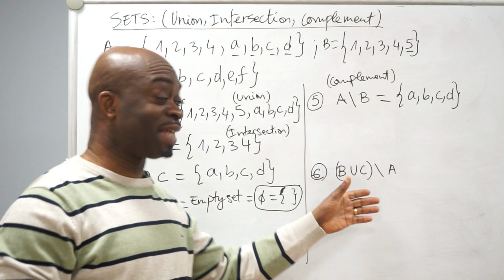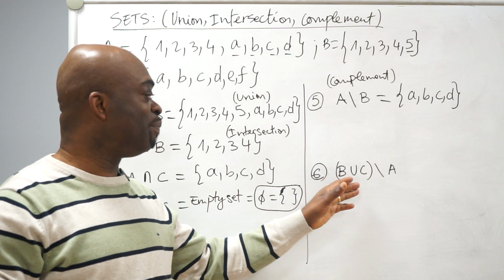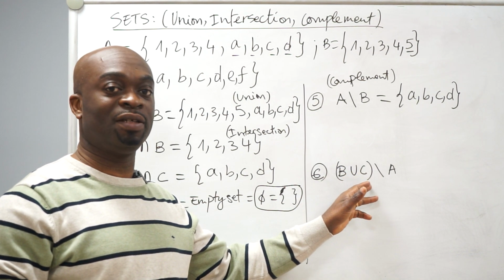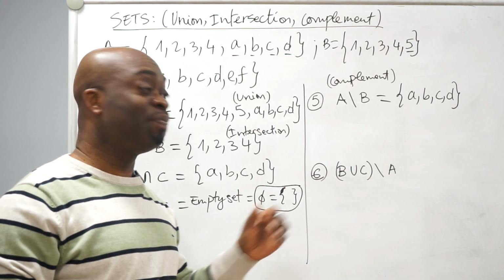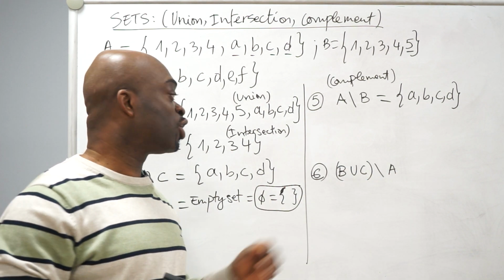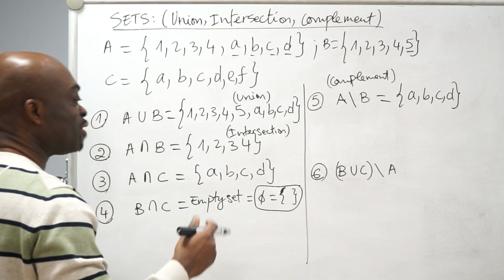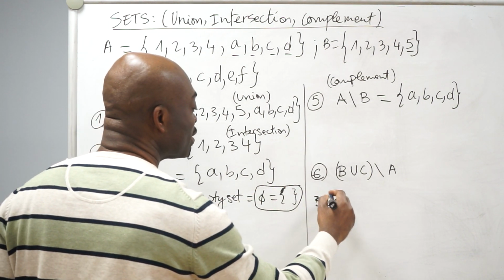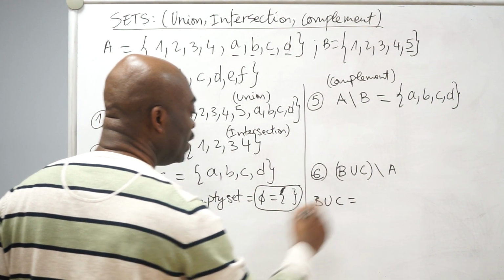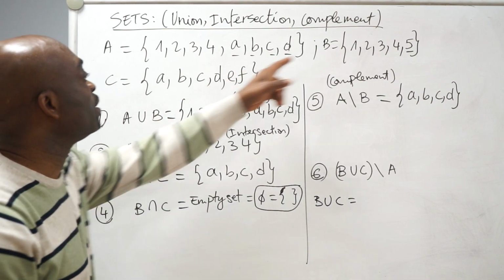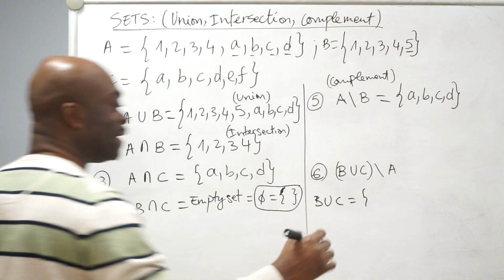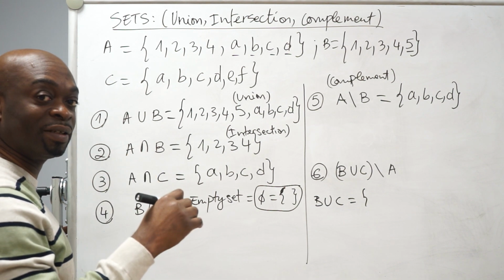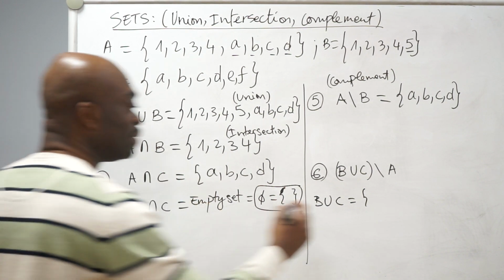Now, when it comes to question number 6, so we have B union C, and then complement to A. So B union C, what is B union C? It's better to do B union C because we have not done it before. So B union C is these two, right? So that means everything together, but nothing gets repeated, okay?